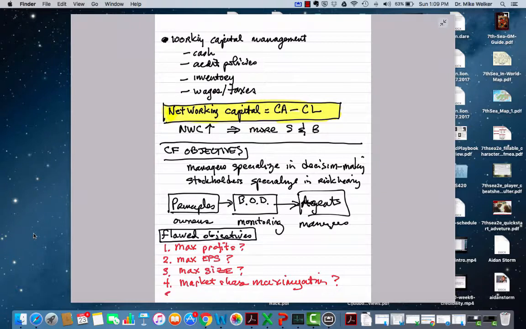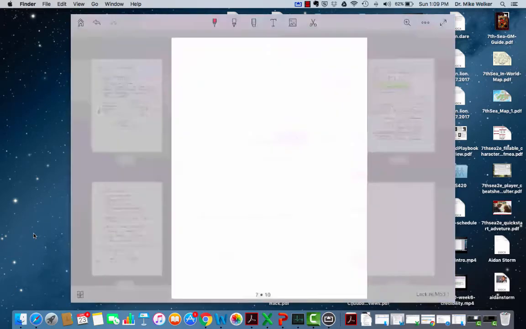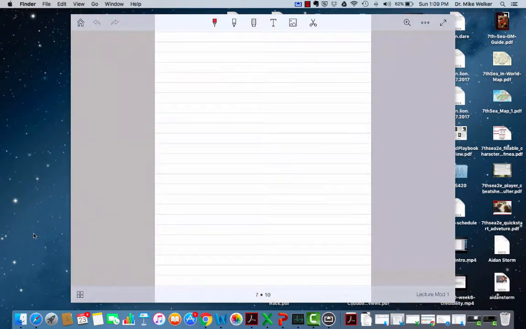How about compensation maximization? Where the shareholders are allowing their managers to maximize their compensation, this is clearly not in their best interests. What we're going to choose for our appropriate objective function, which one should it be?